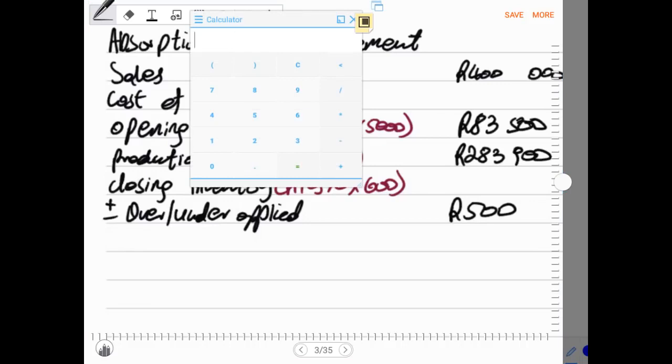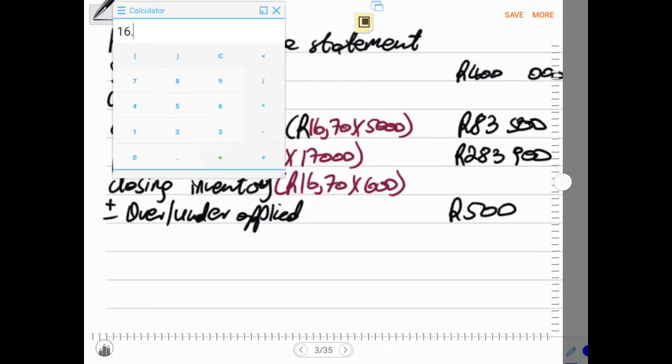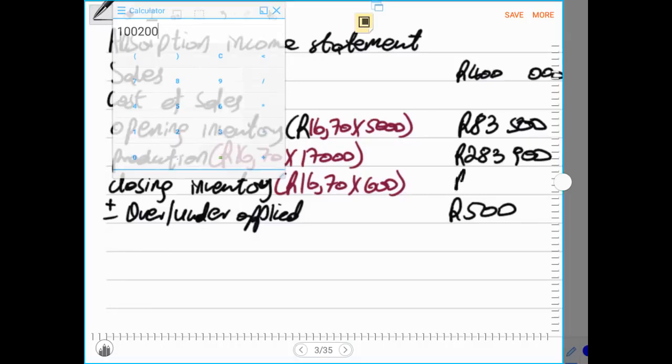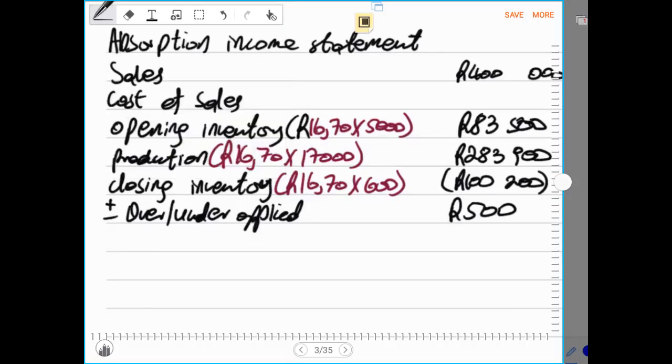Then we say 16.70 times 6,000, and this will give us 100,200. And remember, closing must be negative. Closing must be negative. Then from here we can draw the line. This will give us the cost of sales.